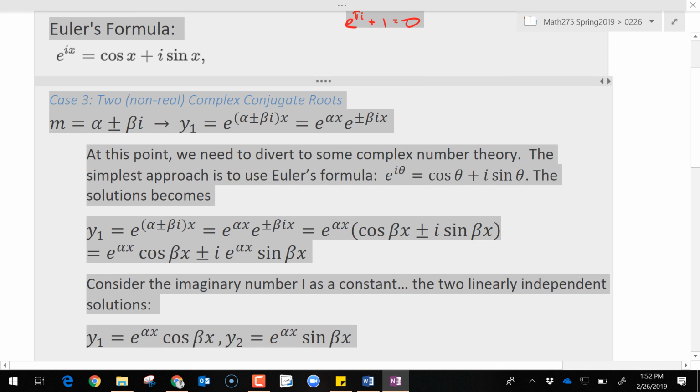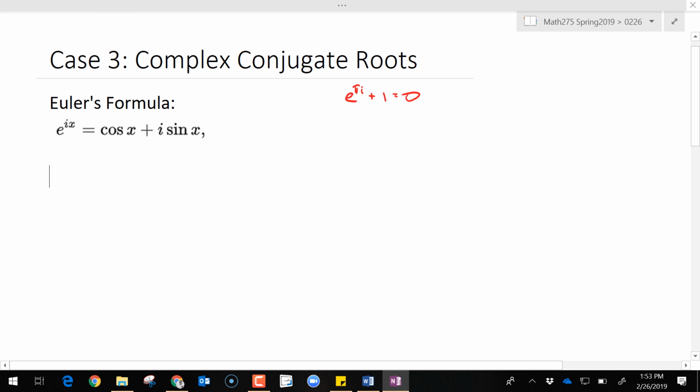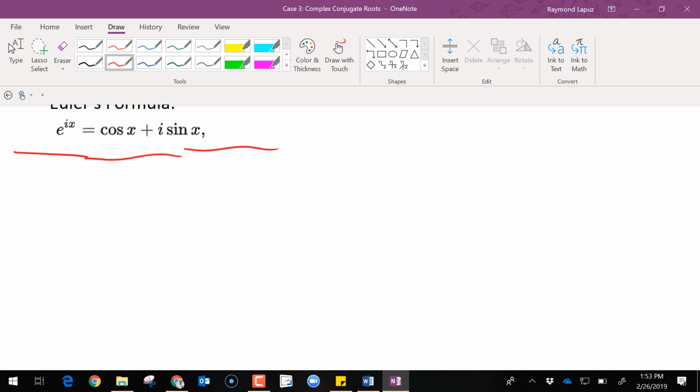Let me just write it out. Maybe we could do an actual example. No, let's come up with an actual differential equation.